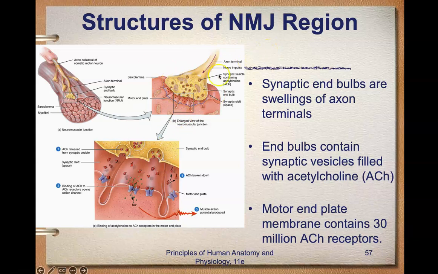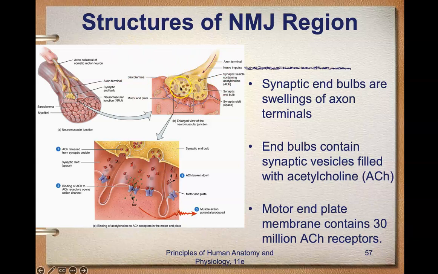Before synapse, synapsing is the joining of those two, the ability to pass on a message without actually touching. These are filled with lots and lots of vesicles of neurotransmitter. So that's why it's bulbous shaped.